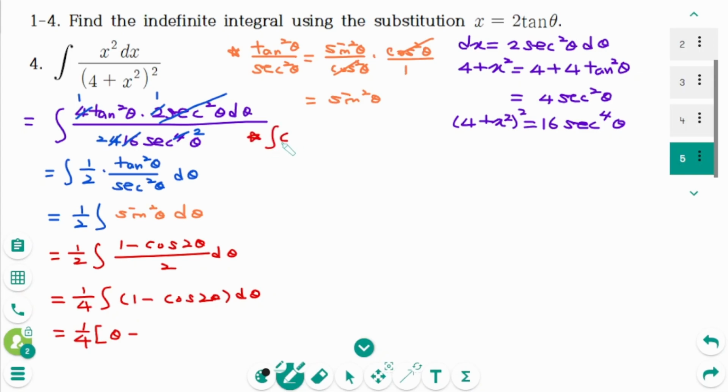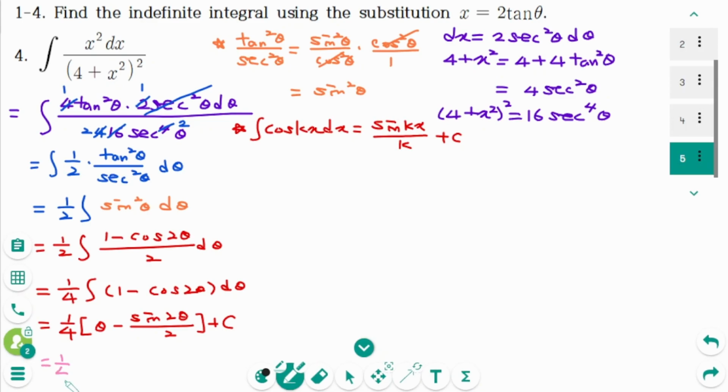The integral of cosine kx dx equals sine kx over k plus c. In here, k is 2, then sine 2 theta over 2 plus c.